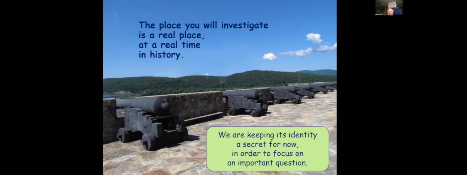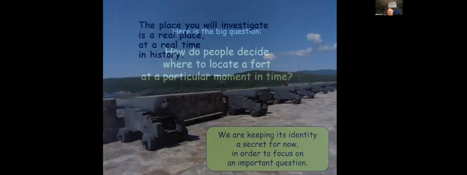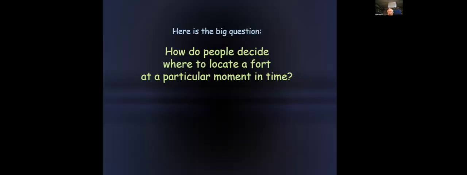You're allowed to think about it for a little while, but your point is to focus on a more important question. How do people think about where they're going to locate something? That could be anything from a fort in history to the people in Marshall arguing about where to locate a factory that's going to make electric batteries for electric cars. It's a citizenship question.